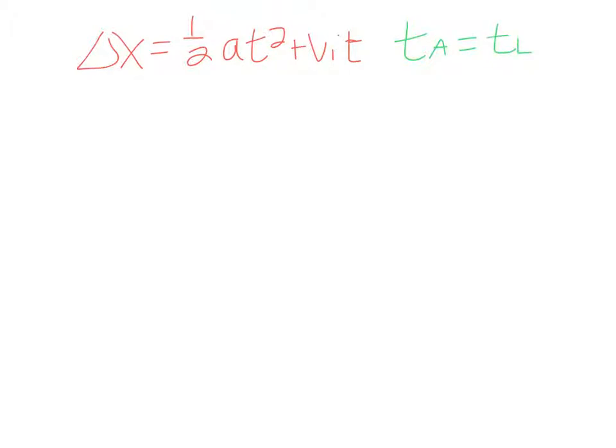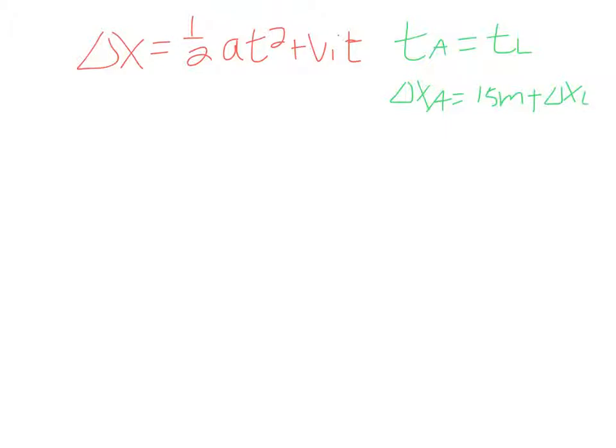So they're going to end up at the finish line at the same time. We just don't know what that time is. What we do know from the given is delta x for AJ in terms of delta x for the leader. So we were given that delta x for AJ is 15 meters more than delta x for the leader.